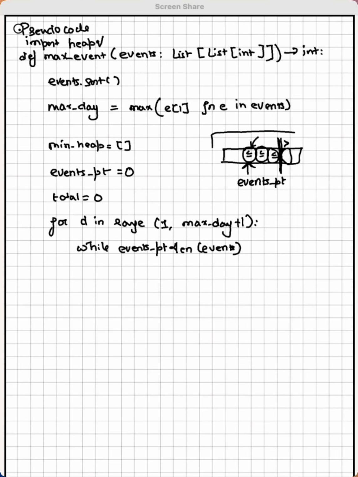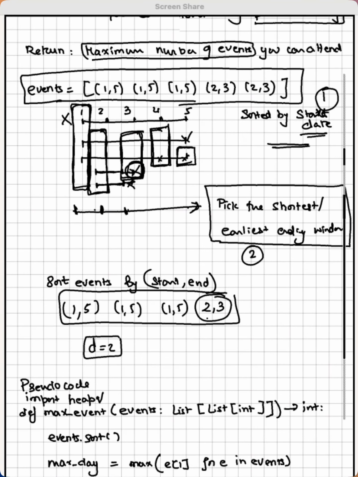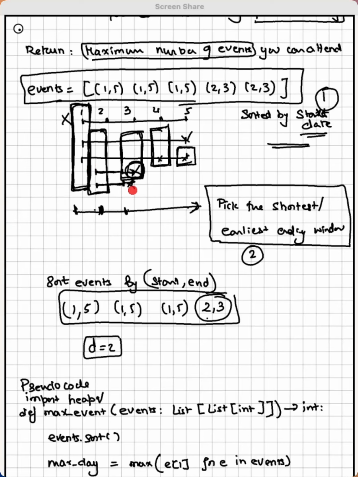The reason why I am doing this is, if you look at it, at this point when d was equal to 2, I did not have these two events in my min heap. So I had to add them to my min heap in order to retrieve this particular event.